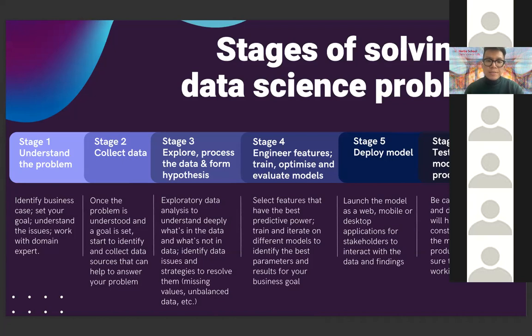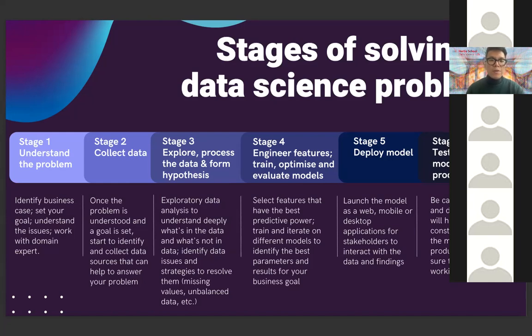And then stage 3 is the exploration of the data. Once you have a data set, and once you have basically pushed these data into a format you can work with, then you start to explore the data. You start the exploration stage to understand what's in the data and what you can work with, and maybe what are some of the things that you can collect further in order to understand more of the problems, and also to understand more of the issues that you're working with.